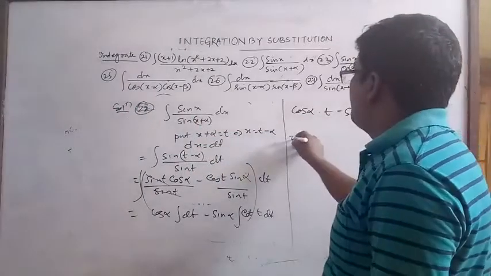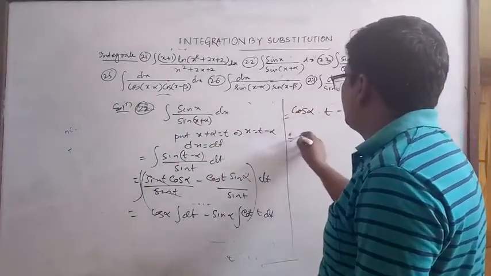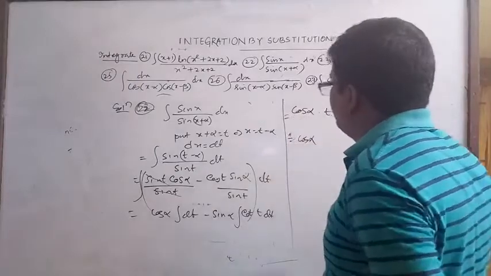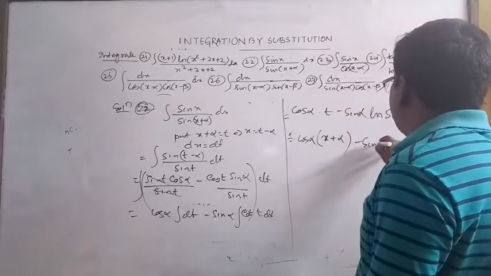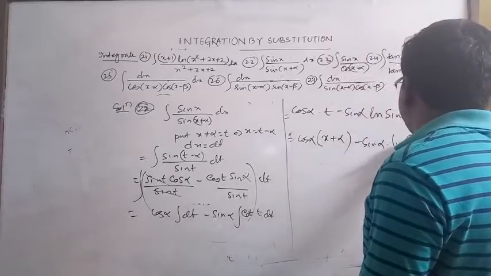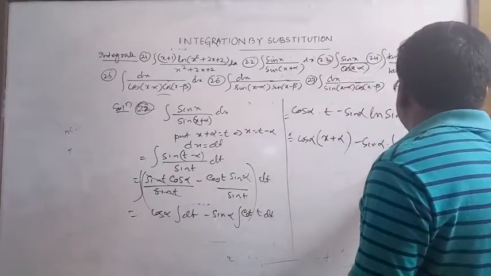Cos alpha is cos alpha. What is t? T means x plus alpha. Minus sin alpha into log of sin t, that is sin of x plus alpha, plus c.